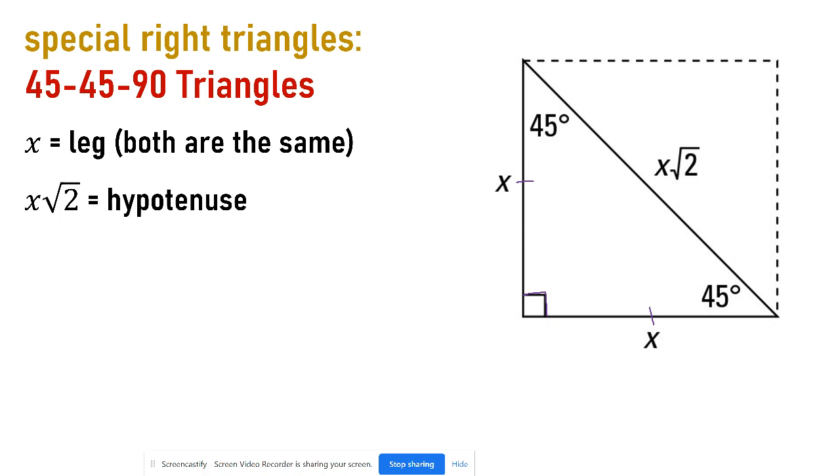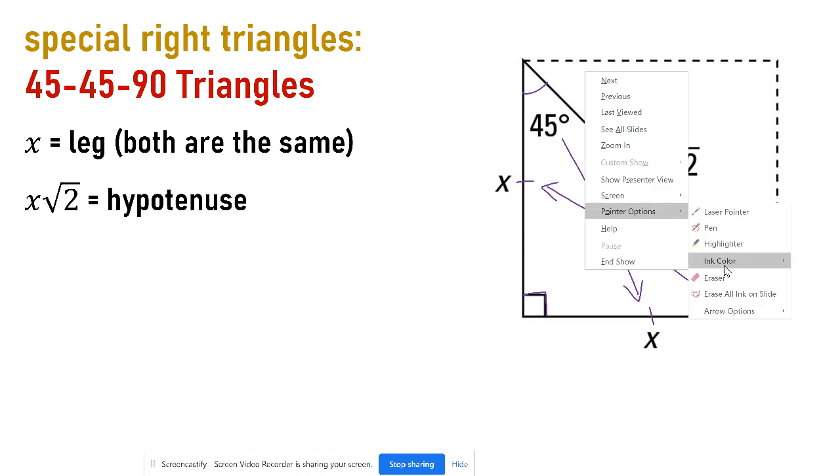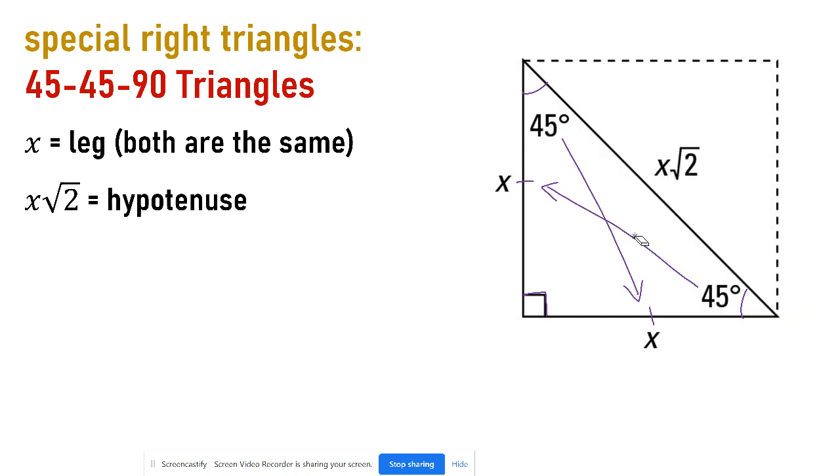And we know they're exactly the same because of a rule we learned earlier in the year: if you have 2 congruent angles, so these are both 45, the opposite sides are also congruent. So we know if we have a triangle with 2 45-degree angles, the opposite sides also have to be the same length. So we have an isosceles triangle, so those 2 x's are the same.